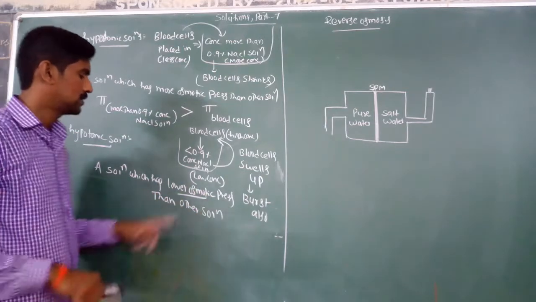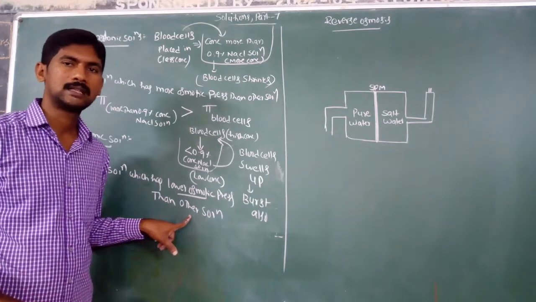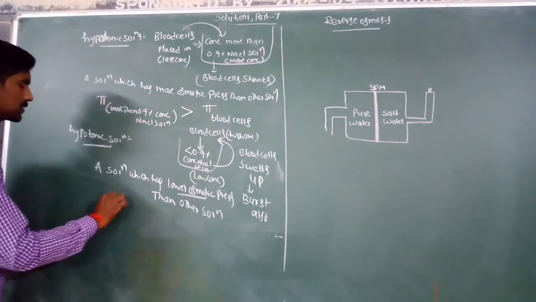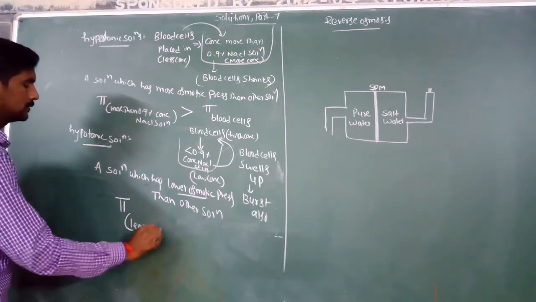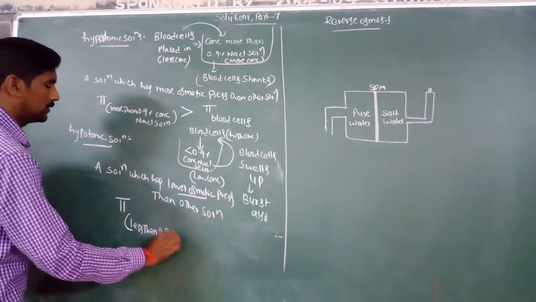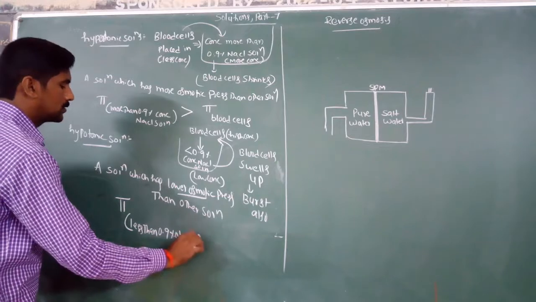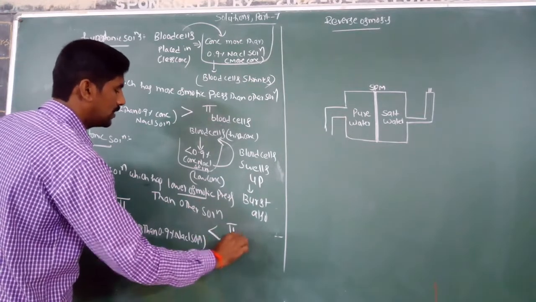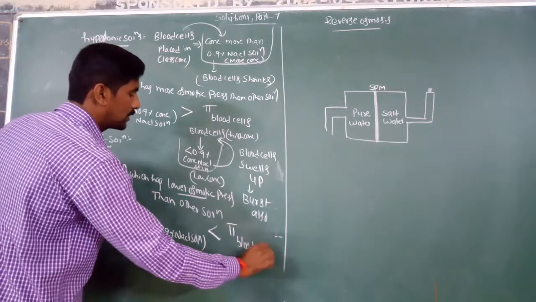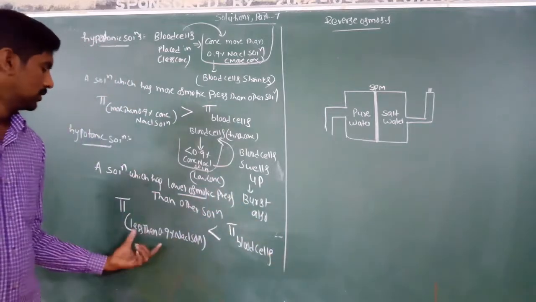A solution which has lower osmotic pressure than other solution, which means the osmotic pressure of less than 0.9% sodium chloride solution is less than the osmotic pressure of the fluids present in the blood cells.